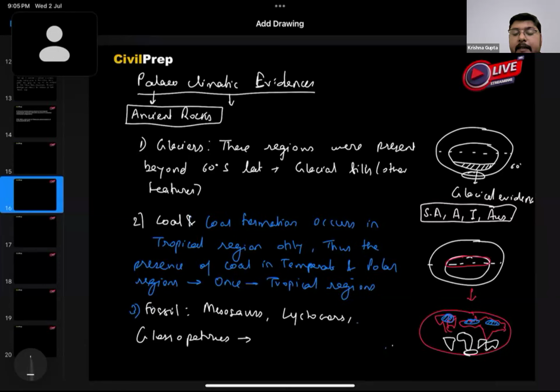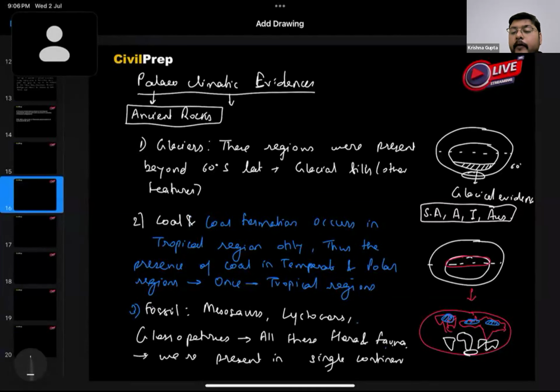So these fossils provide that all these flora and fauna were present in a single continent or landmass. So this is another part which was provided here.